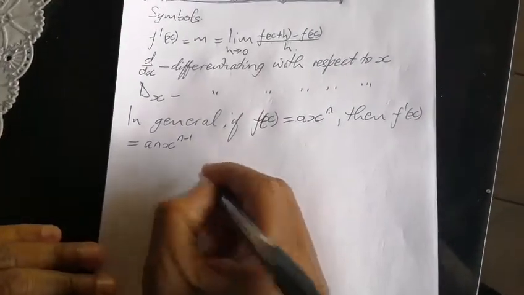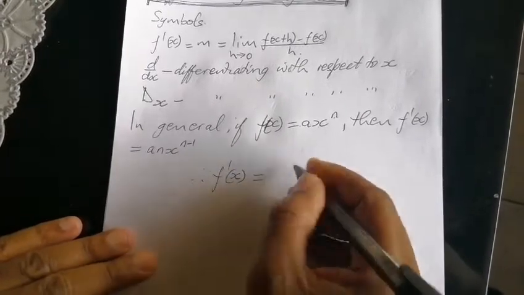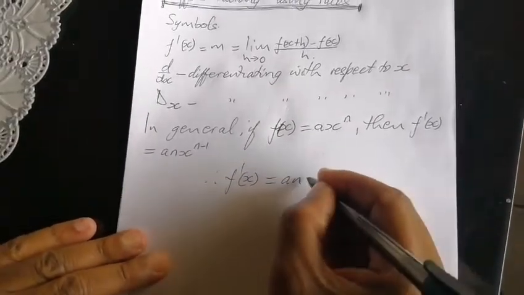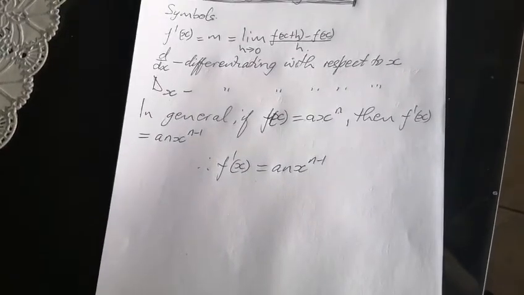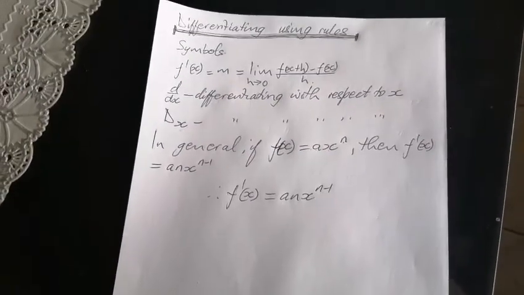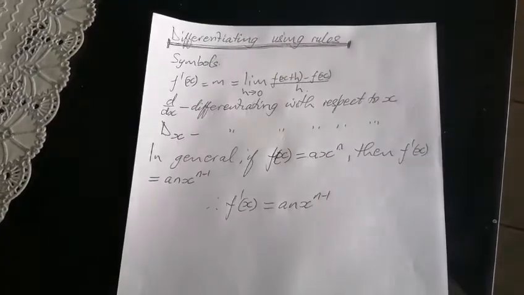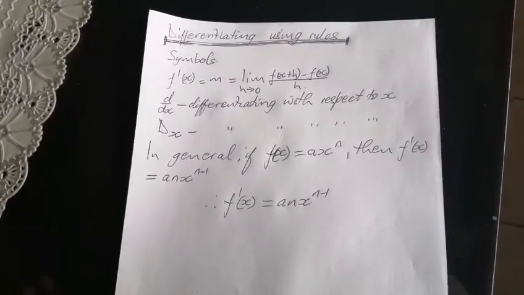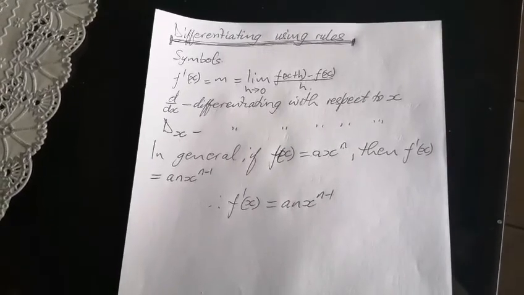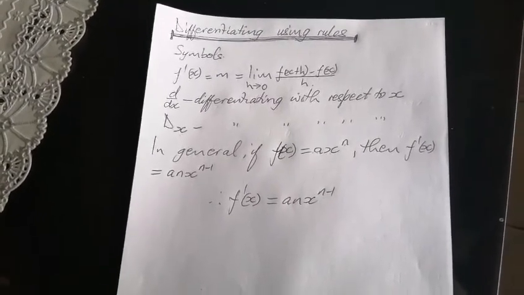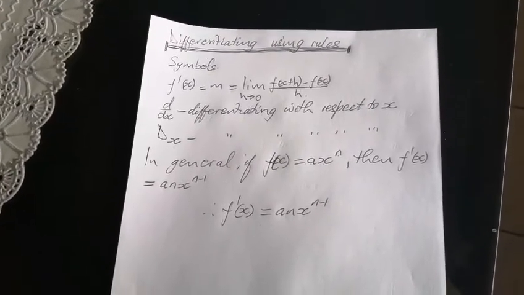All we are saying, f dash of x is actually equal to an x to the power n minus 1. It's a rule. Take the power down, multiply the coefficient of x, and then the x comes back with a power 1 less than n, which means it's n minus 1.